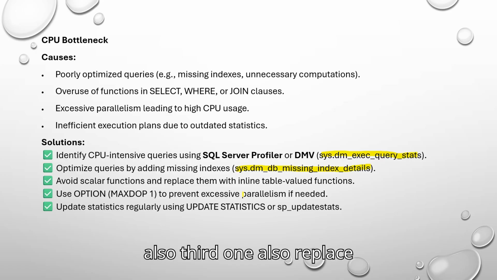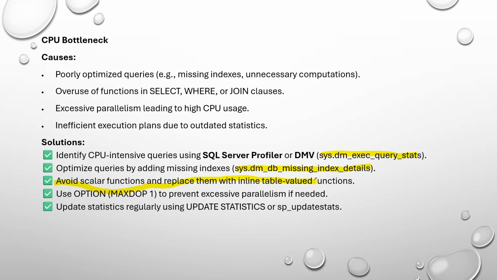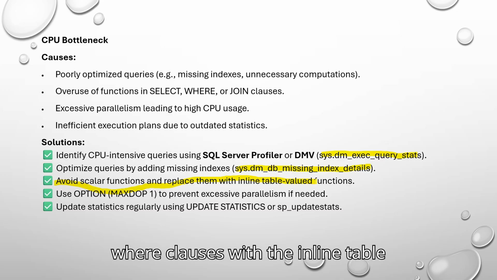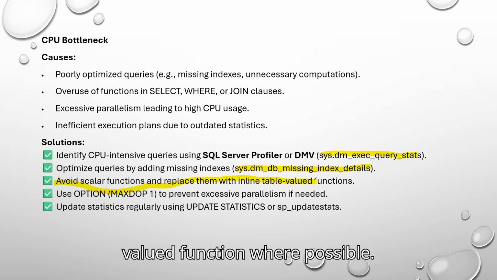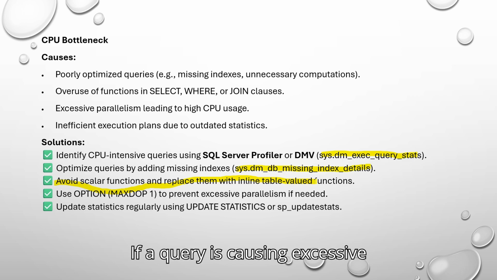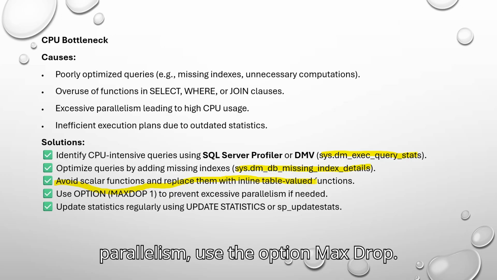Third, also replace scalar functions in a WHERE clause with inline table valued functions where possible. If a query is causing excessive parallelism, use the option MAXDOP.